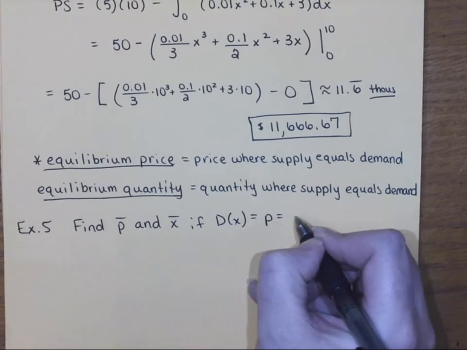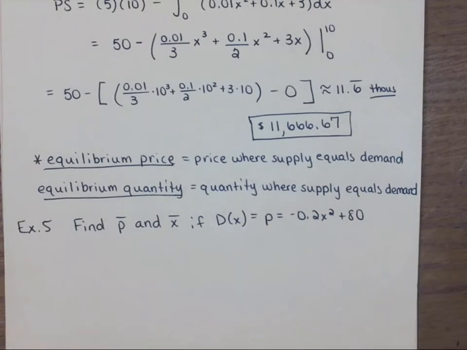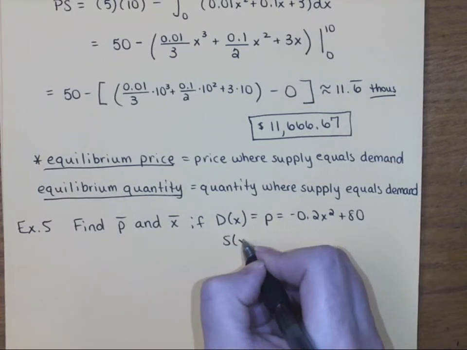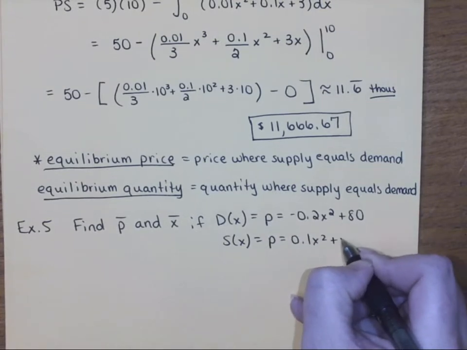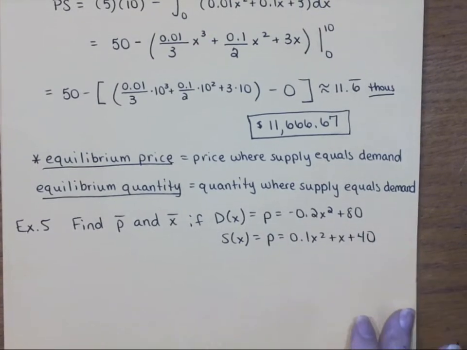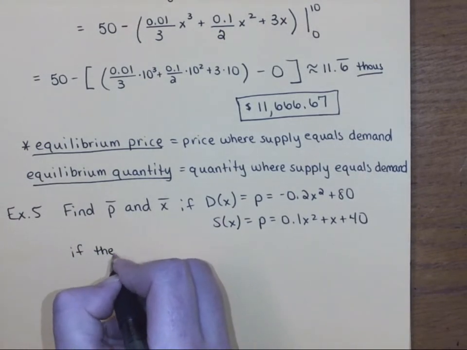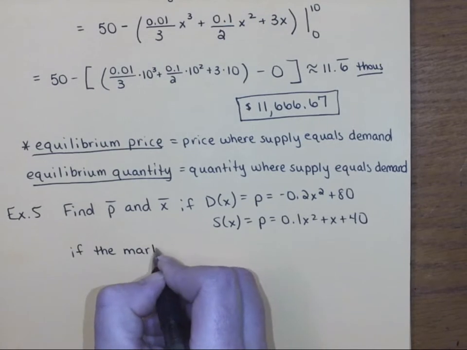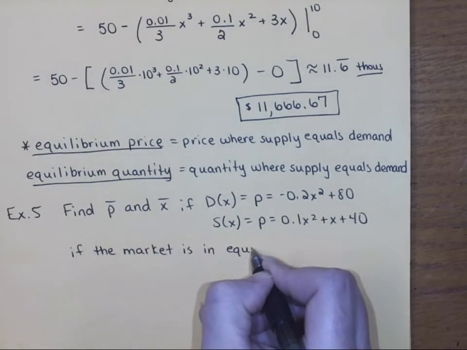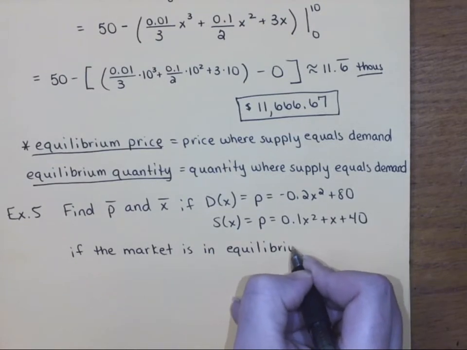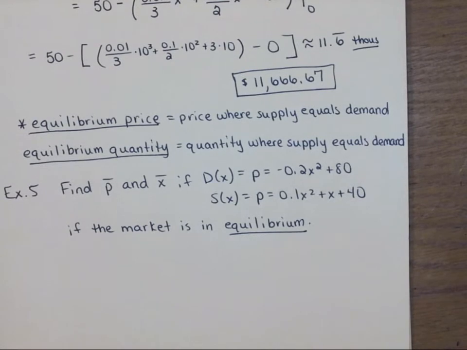So let's say that you're given both of these equations, and I want you to tell me what the price and the quantity needs to be set at if the market is in equilibrium. That's the key to this problem. We want the market to be in equilibrium.